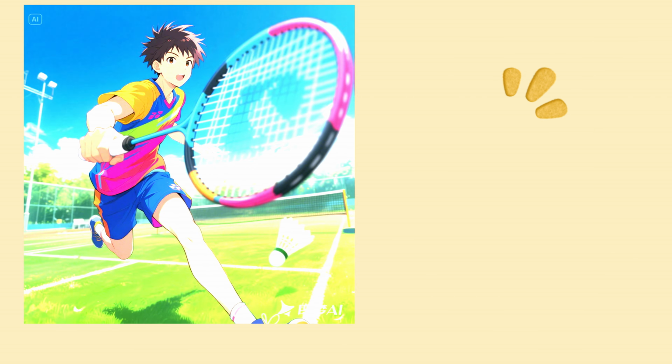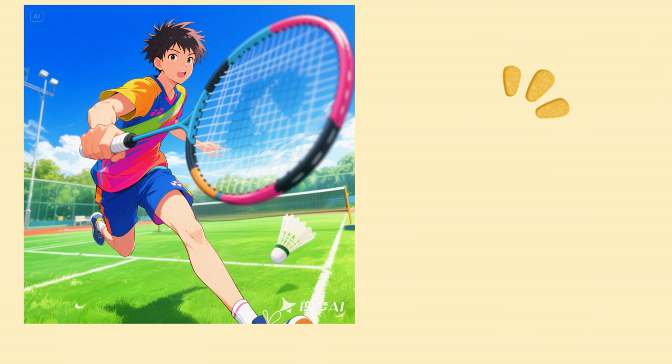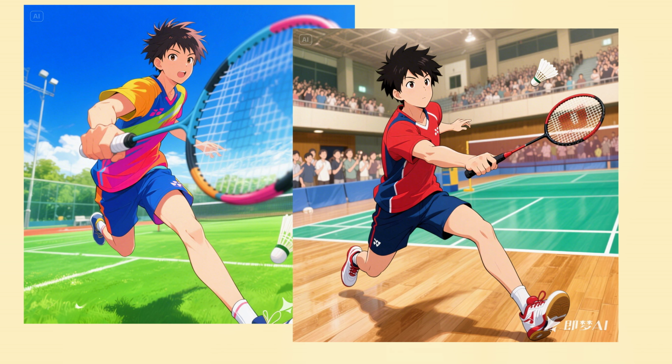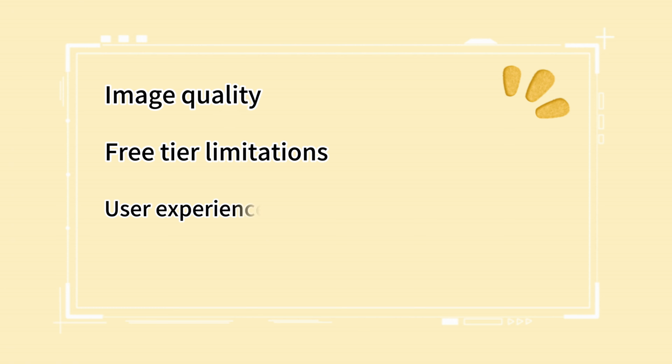This includes how sharp the image is and how well it actually matches what we ask for in the text. Free tier limitations: what we can do without paying extra. User experience: how easy is the interface to use, and what kind of features do you get in the free version. Alright, let's dive right in.